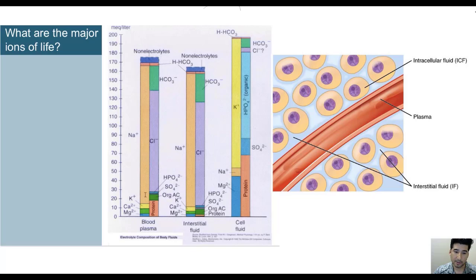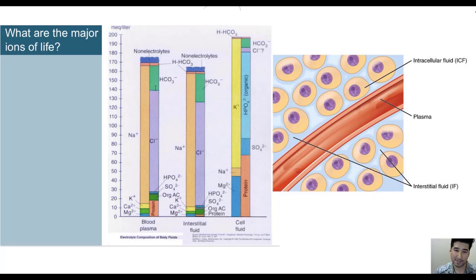And so sodium, again, is found as little as 15 milliequivalents per liter, all the way up to 165, whereas bicarbonate is found at concentrations of about 136 to about 168 or 165.